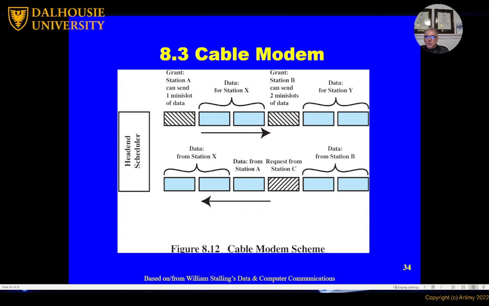I think these shaded boxes represent a request by the station to send information, right? There is a mechanism, we're not going to go into it, but instead of the information coming from the house at any time they want, they have to pick a slot.